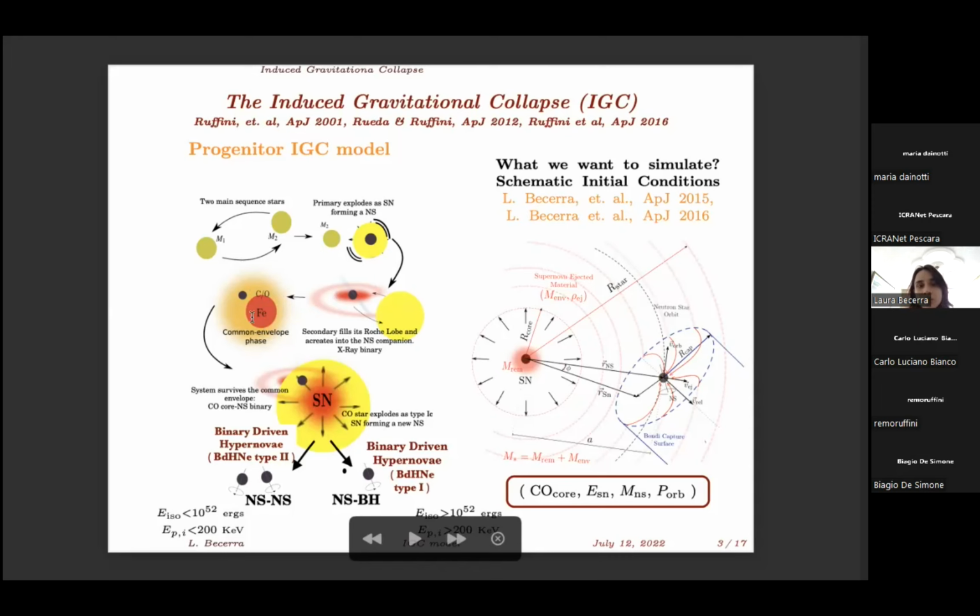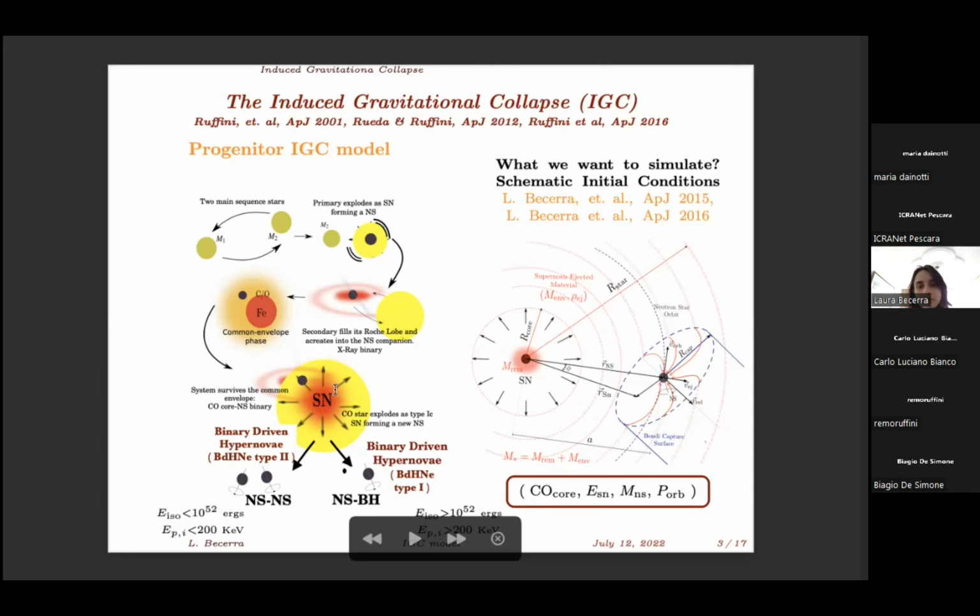And when this carbon-oxygen core reaches the end of its life and collapses in a supernova, the material ejected in the supernova will be gravitationally attracted by the neutron star companion, and different outcomes of the system can be obtained.